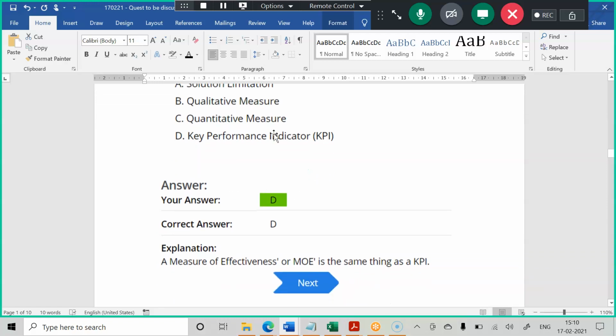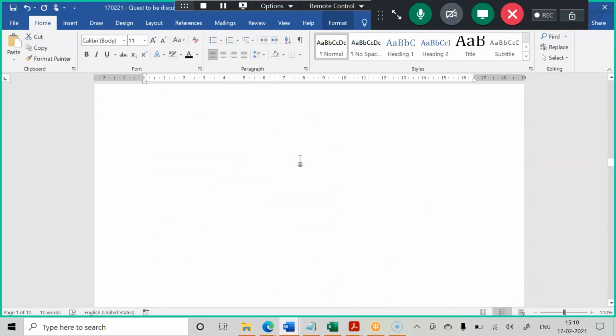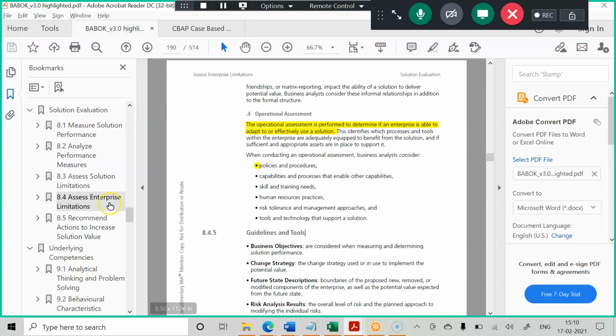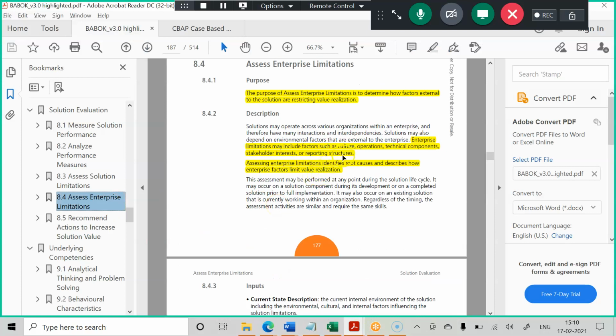I think enterprise limitation would be the appropriate one because enterprise limitation also talks about environmental factors that are external to the enterprise, right? The lane and things like that look more like something outside the solution, because of which we will change the answer to assess enterprise limitations.